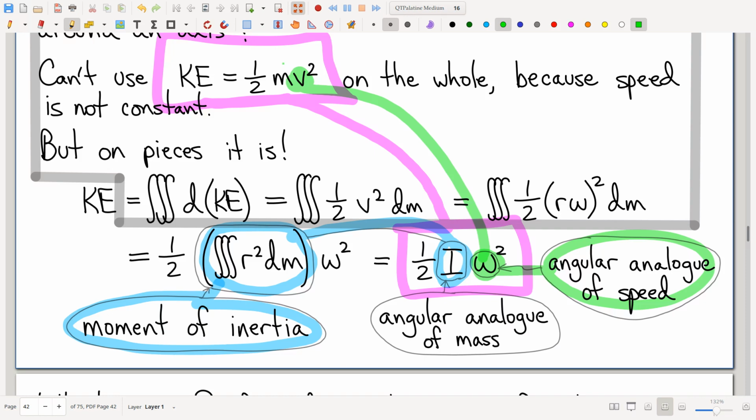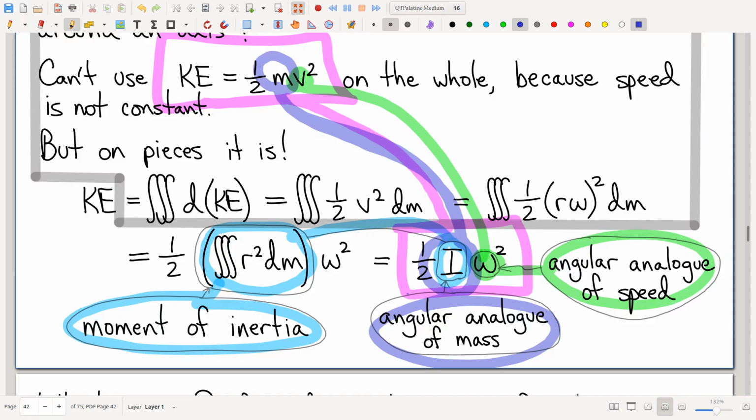So I think it's a very reasonable take that this thing called moment of inertia is playing the role analogous to mass in this eyebrow-raisingly impressive analogy. Same structure, we have an analogous notion of speed, and, playing along with that analogy, this seems like a reasonable interpretation of moment of inertia.